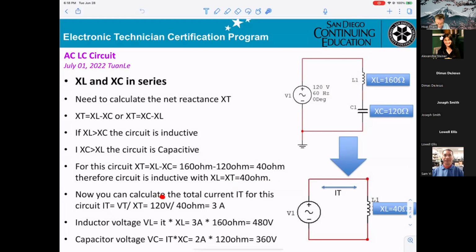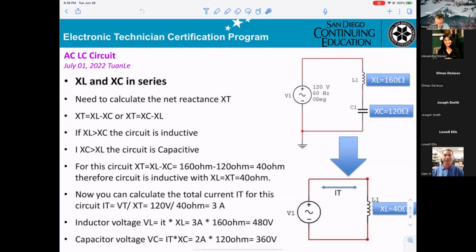Now you can calculate the total current, I total. For this circuit, I total equals VT divided by XT. 120 divided by 40, you get 3 amp.